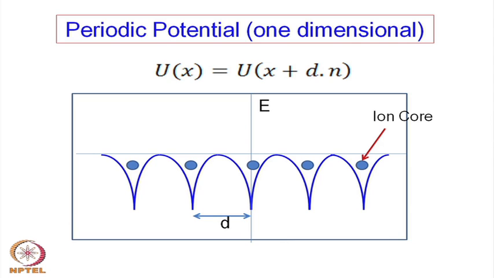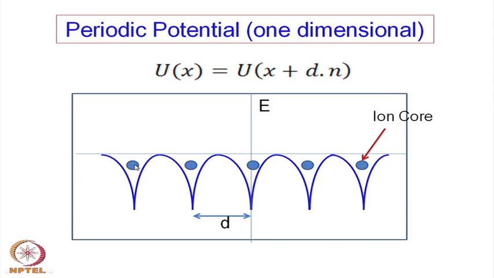So, we have some ion cores; these are the positions of the ion cores, lattice sites where the atoms are residing, and this is the variation of the electrical potential of the electrons with respect to position. Earlier we showed a constant potential all through. Now we are saying it is a variable potential.